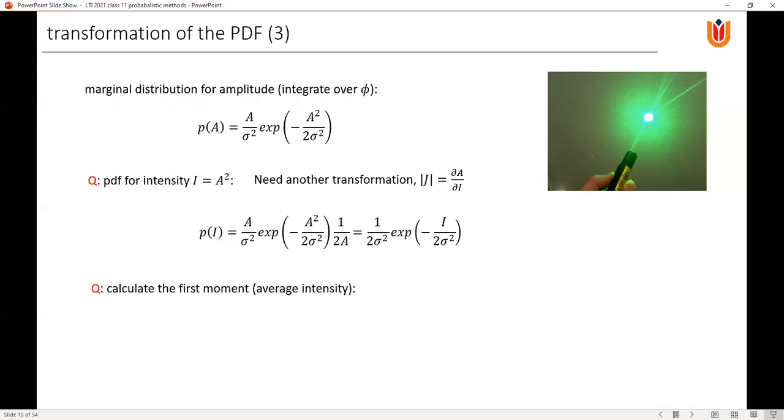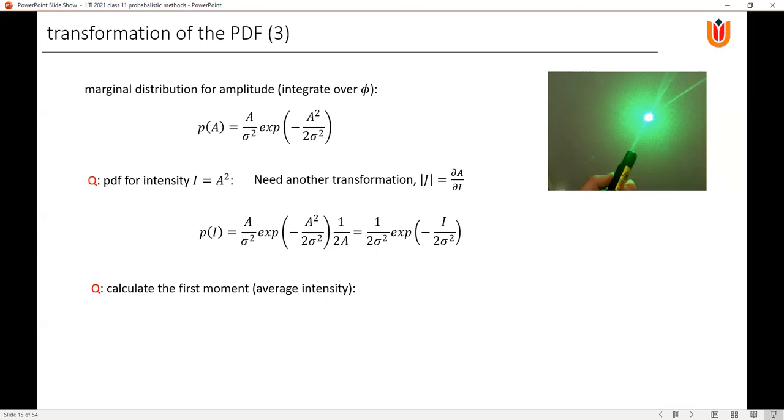Now the real question, the question before the break. We have derived the distribution of intensity in this speckled field, shining a laser pointer. Can you now calculate the average intensity? So the first moment.